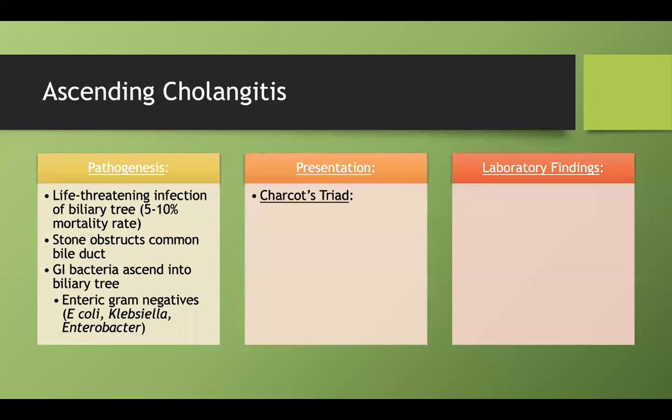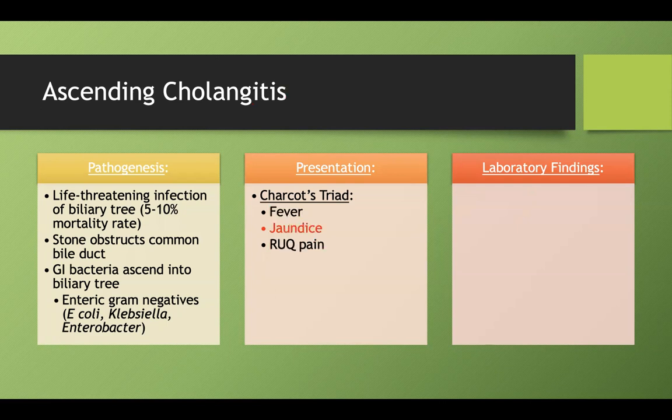There's a triad and a pentad that you have to know with ascending cholangitis. The first one I want you to realize is Charcot's triad, which is fever, jaundice, and right upper quadrant pain. The fever and right upper quadrant pain should make sense. We saw this in acute cholecystitis, right? We saw that inflammation can cause right upper quadrant pain and fever.